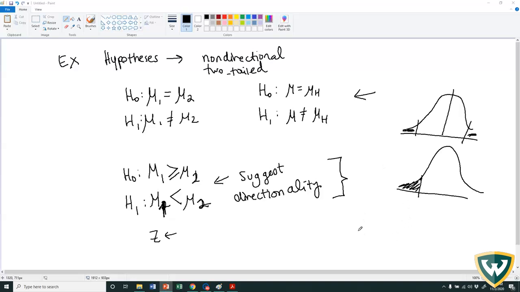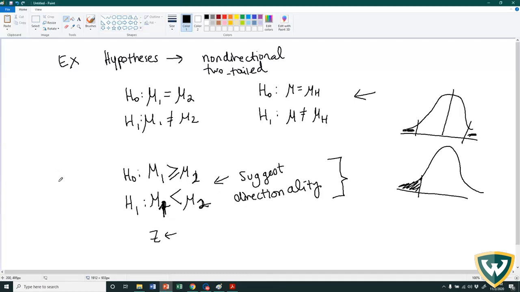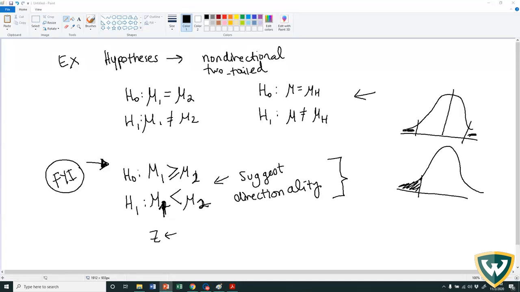But your z-criticals would change if we were doing directional, one-tailed tests, where our hypotheses would suggest directionality. So for your information, there is this concept of suggesting a direction or not for your hypotheses in statistics. Honestly, it is not very much used in research either. So know that your z-critical scores could change if directionality is suggested in your research questions.